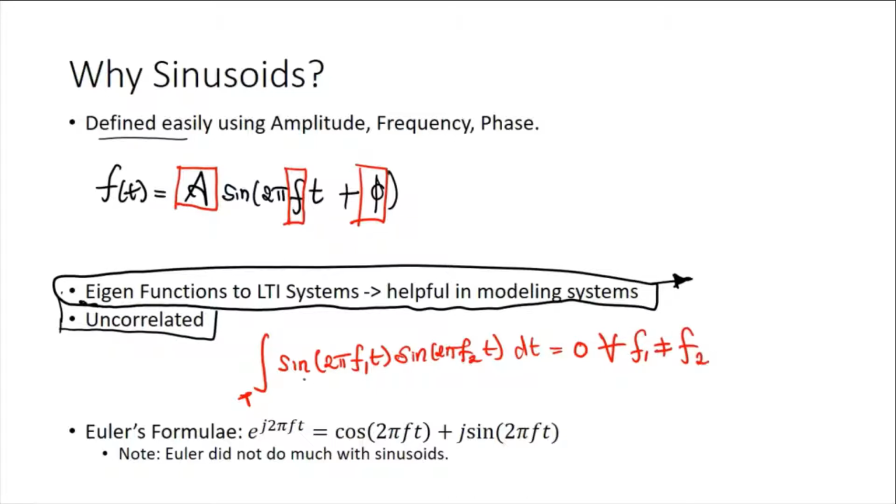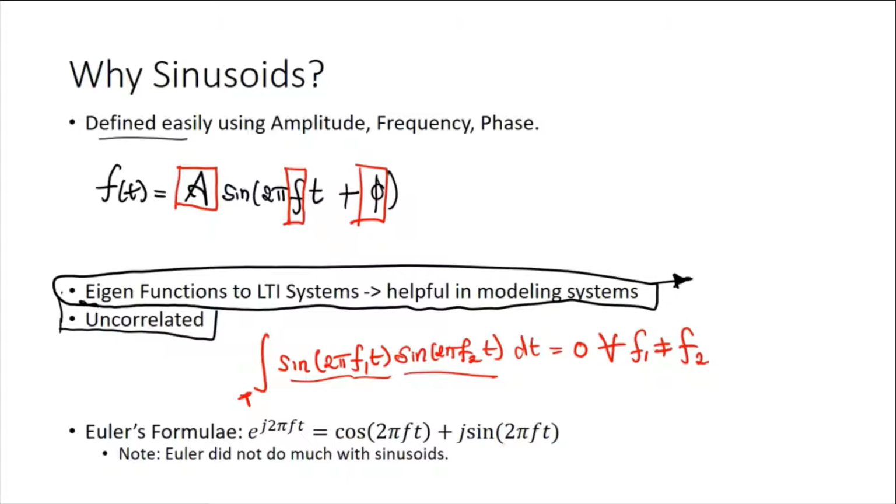That is, take two sine waves of two different frequencies. They have nothing in common between them. Even though they look alike, there is absolutely nothing. There is no correlation between one and another.